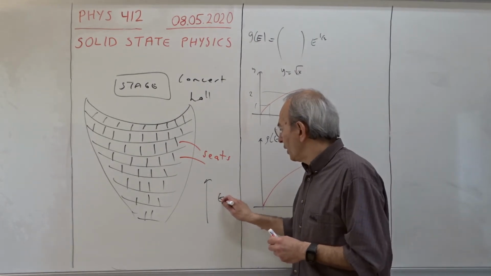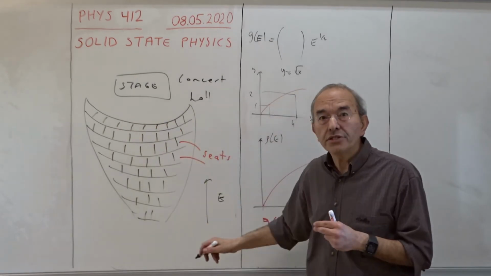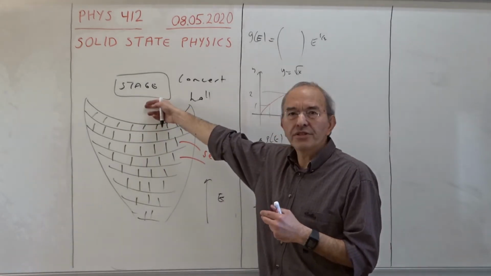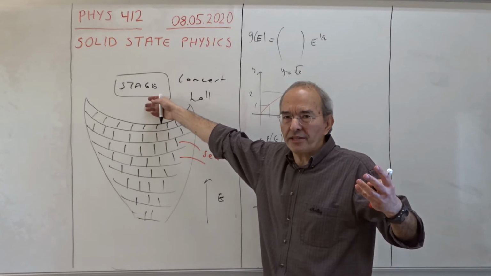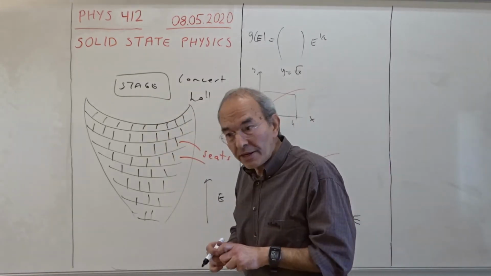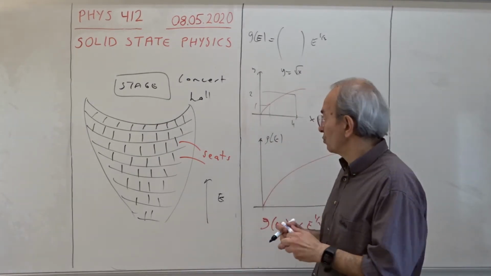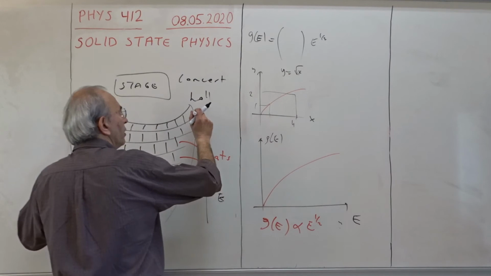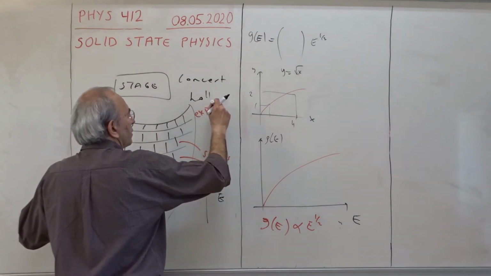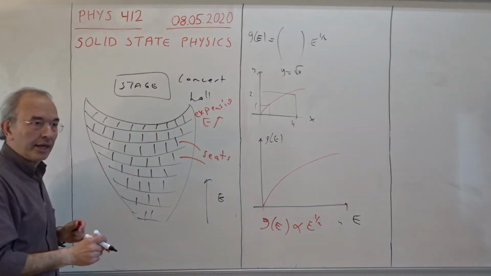The energy axis means the following, because the seats nearest the stage are more expensive, as you expect, obviously. The back seats are cheaper, of course. So expensive means large energy.